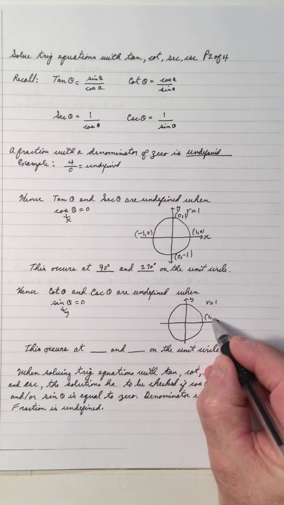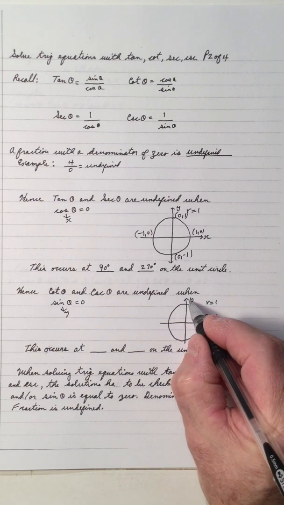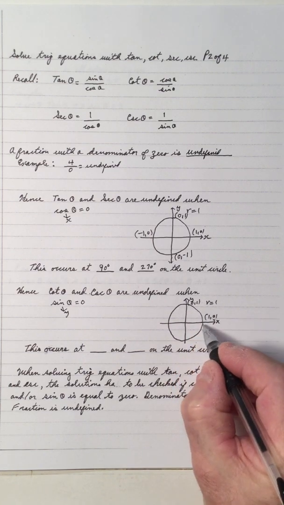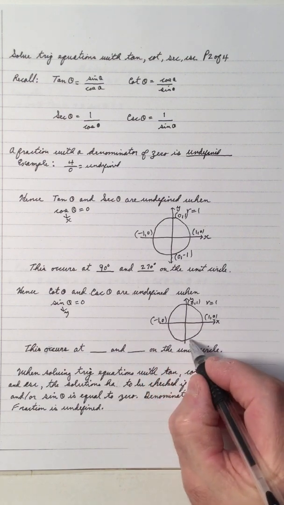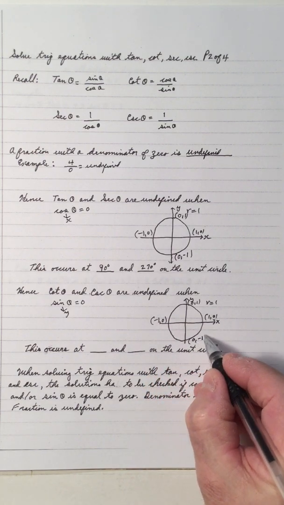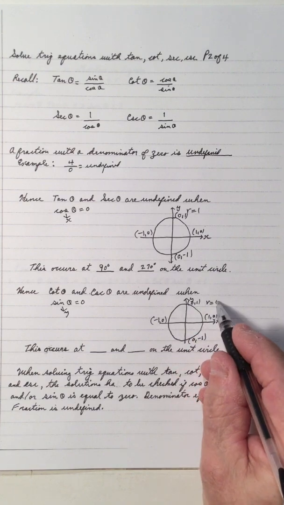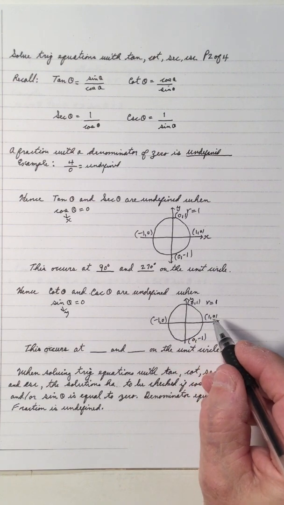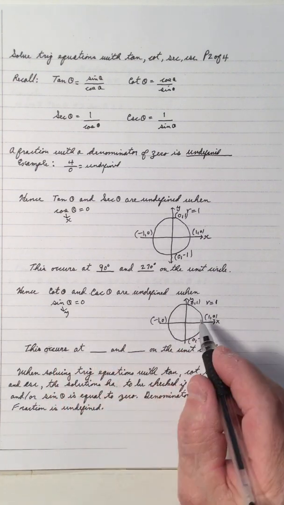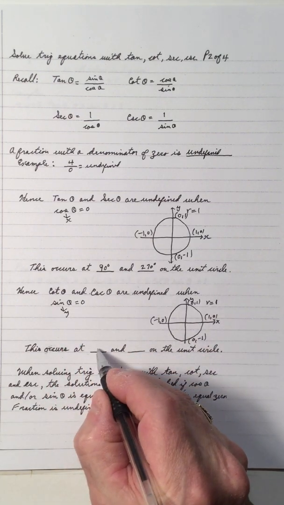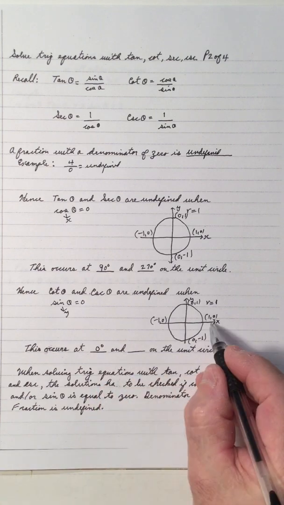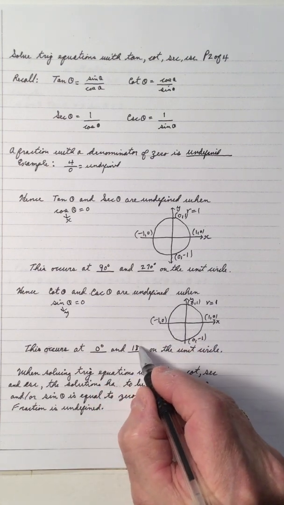Again, let's write down these ordered pairs here at 0, 90, 180, and 270. It is extremely important to know these when the radius is 1. So where is y 0? Y is 0 at 0 degrees and at 180.